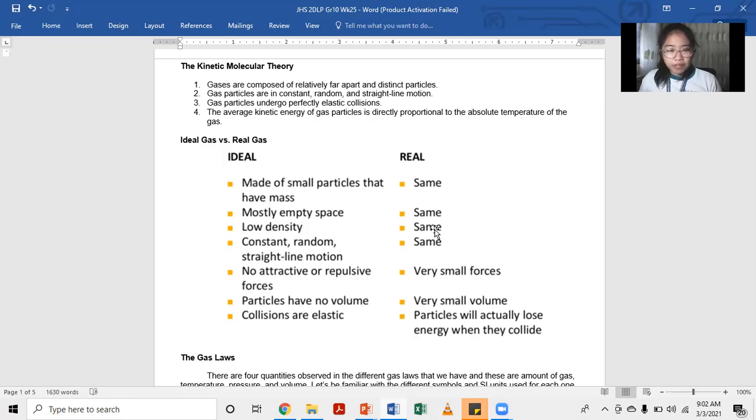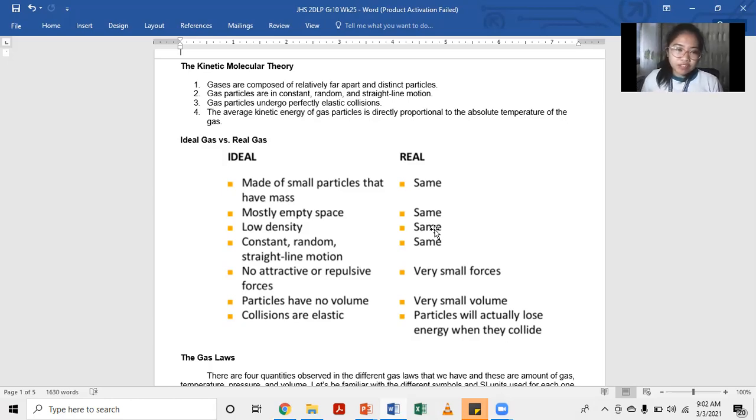Pero meron. So, kumbaga, yung properties ng real gas, medyo malapit na siya sa ideal gas. Pero meron pa rin siyang small forces. Pero ang ideal gas kasi wala talagang attractive or repulsive forces. Okay? Kumbaga malapit-lapit na si real gas sa ideal gas.